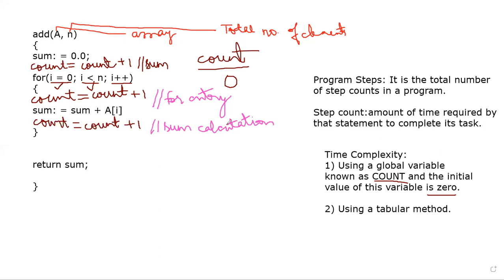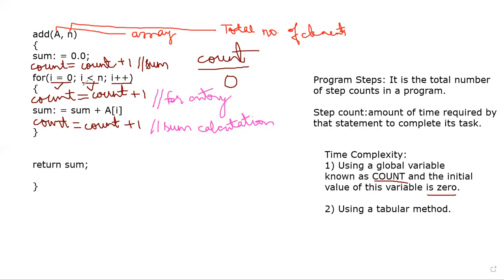And after this, what happens? Again, this for loop will run for n number of times, and you know at what time it is going to exit. So next time, after the calculation of sum, this for control will come again to this for statement.